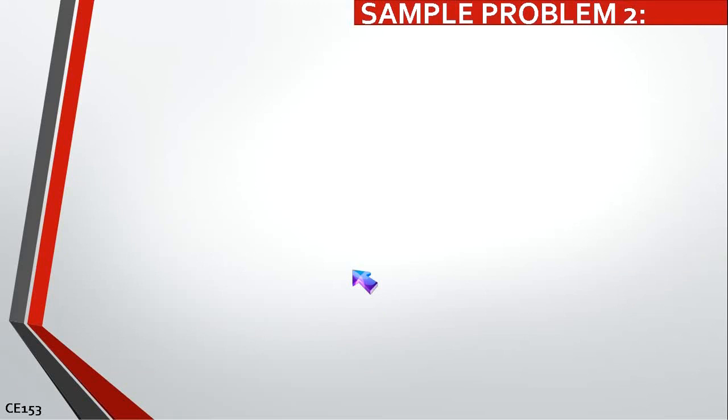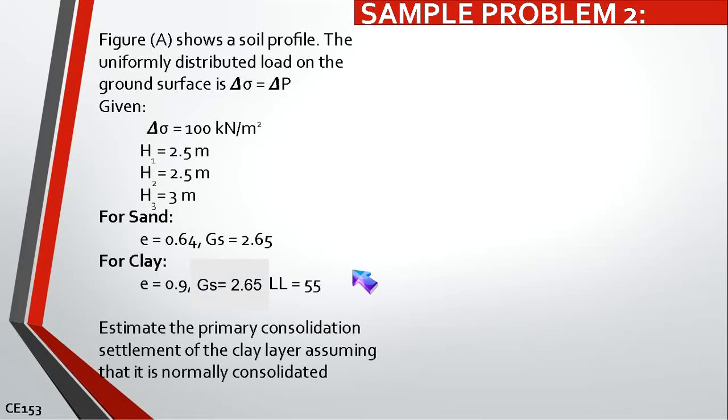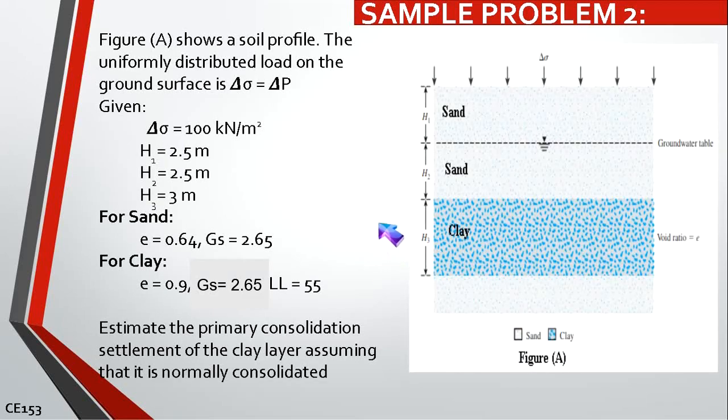So, let's have another problem. Let's have problem 2. So, we have here our problem. The figure A shows a soil profile. Ito yung soil profile natin. The uniform distributed load on the ground surface is equal to this value, 100 kilonewton per meter squared.